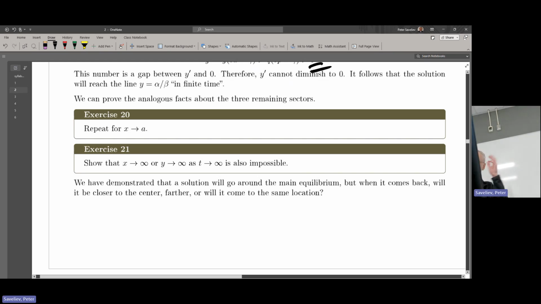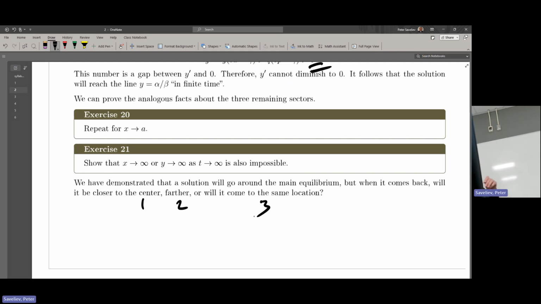Remember what the simulation told us? Well, these are three possibilities. Simulation, remember? It seemed to be spiraling out. What does that prove?